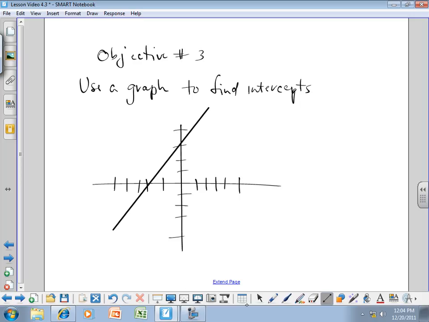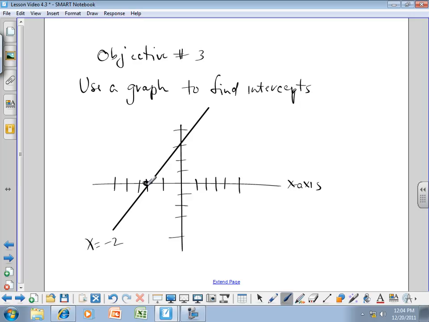Okay. On that line right there, can you tell me what the x-intercept is? The x-intercept, well, this is the x-axis, right? Where does that line cross the x-axis? Boom, right there. Shall we say that the x-intercept is -2?